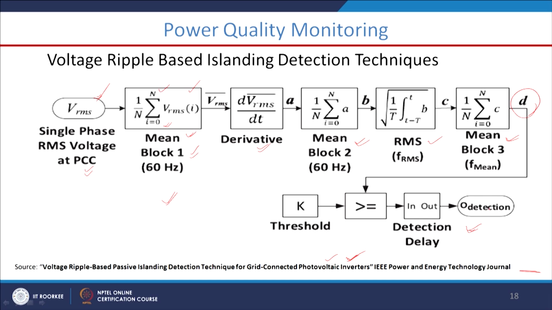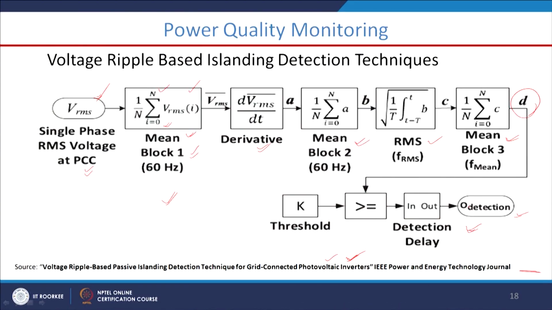This is one technique that we discussed, based on power quality monitoring, where we are just taking the voltage ripple and taking the mean and average. In that case, the threshold is a concern: while deciding this threshold, what could be the value, how to decide it?